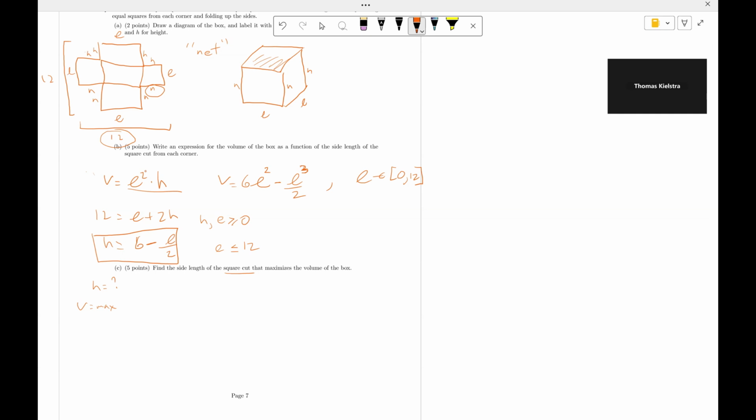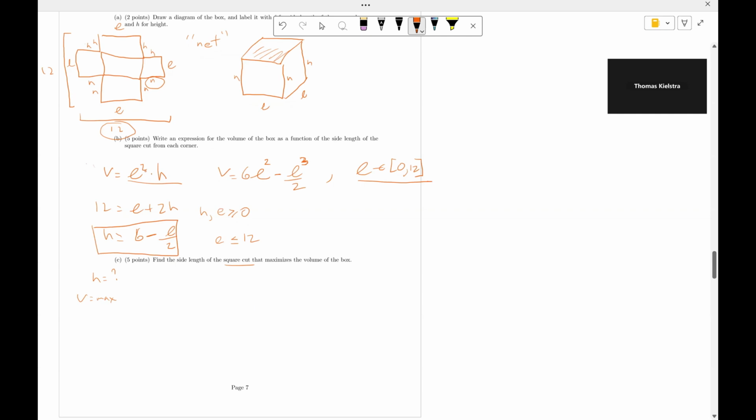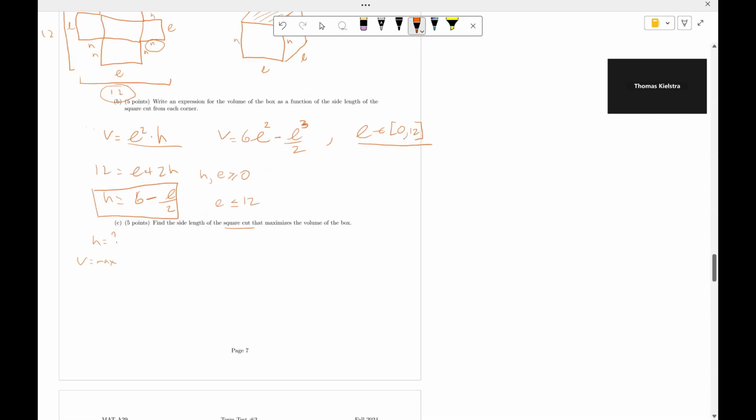Because it's a closed interval, I can use the absolute extrema over a closed interval test, which means I need to figure out my V prime to find my critical values, and then compare with the endpoints of 0 and 12.